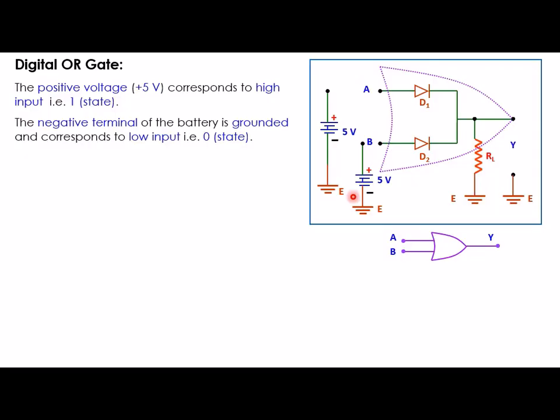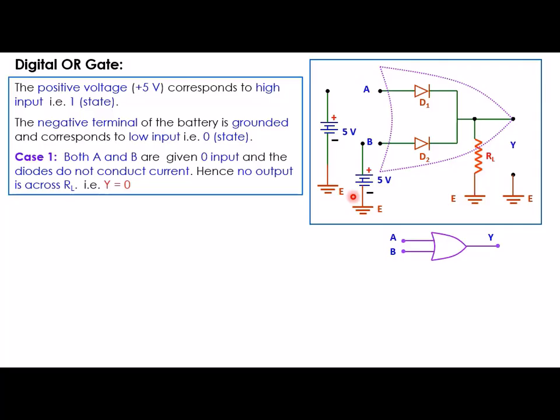Now let us discuss 4 cases. Case 1. In case 1, both A and B are given 0 input. That means they are connected to ground. So A and B are both given 0 volt.